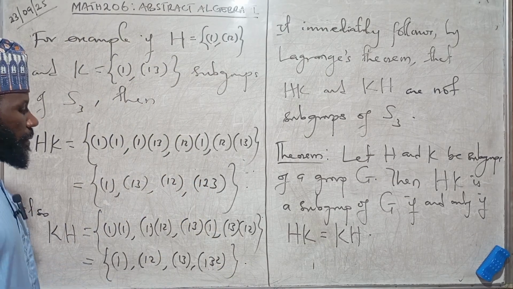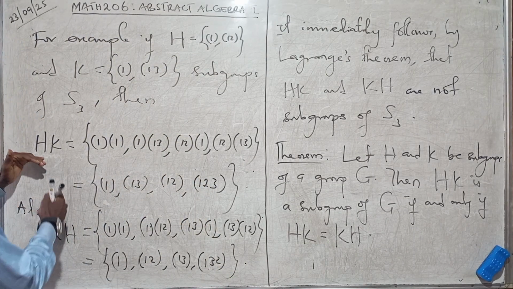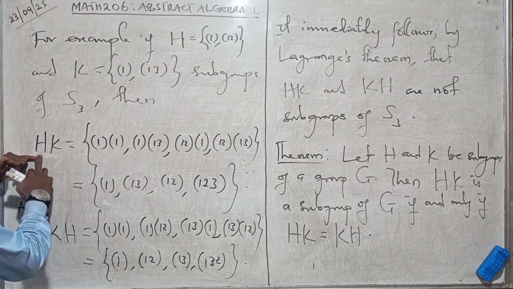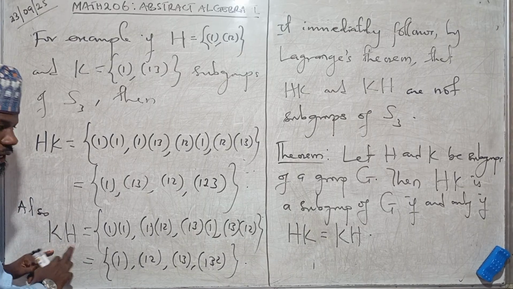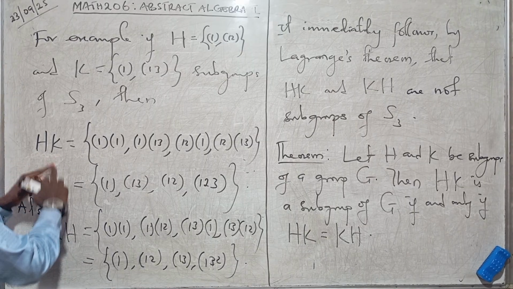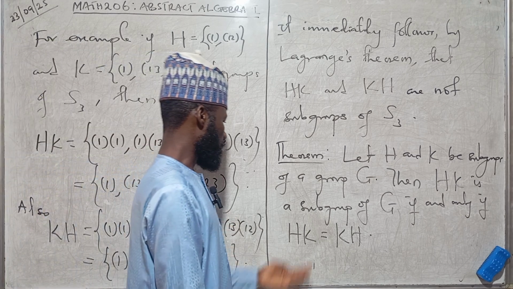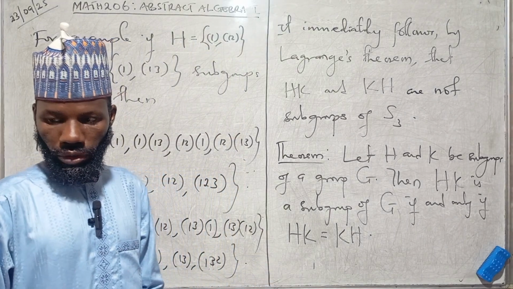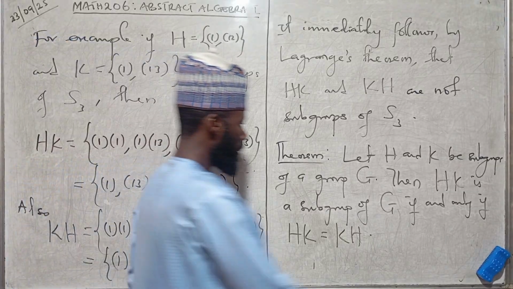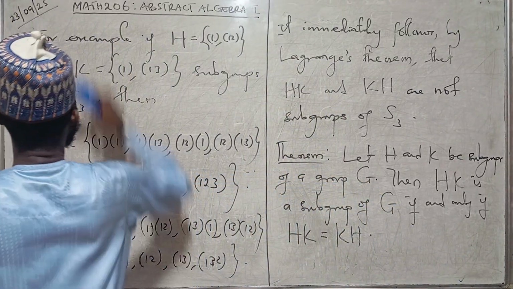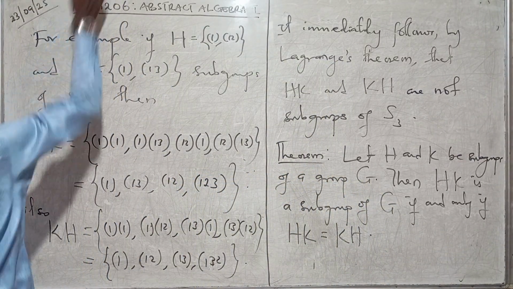So this is the condition. So actually, if it were the case that HK equals KH, then the product HK will turn out to be a subgroup. And this is what the theorem is saying. So we can prove this result. It will not be a difficult result to prove. Let me do that here.